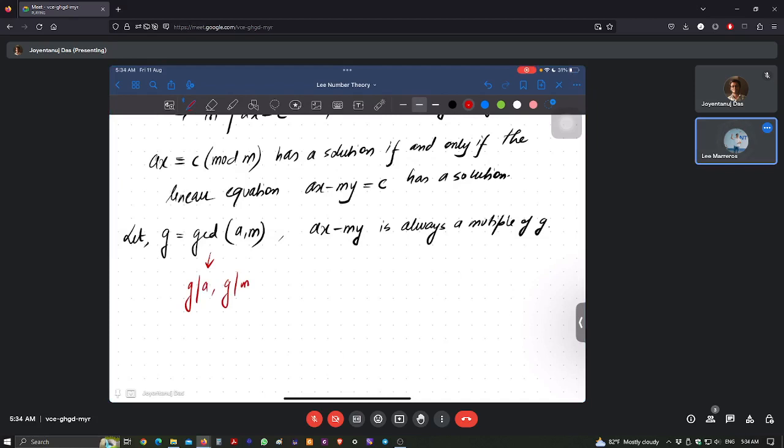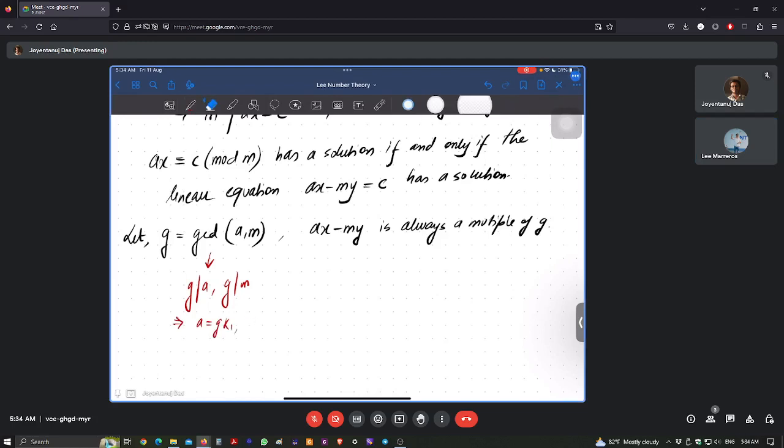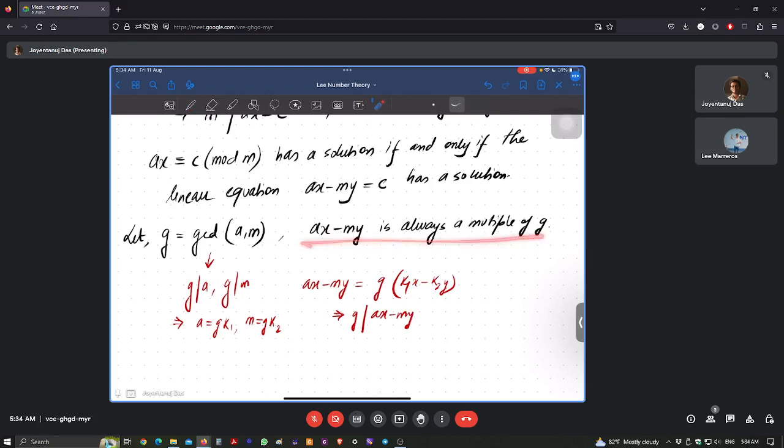So a equals Gk1 and m equals Gk2. So ax minus my can be rewritten, taking G common, as G times (k1x minus k2y). So G divides ax minus my, and hence this quantity is always a multiple of G.